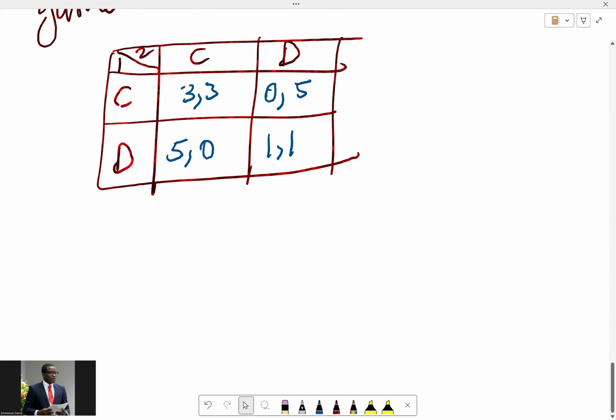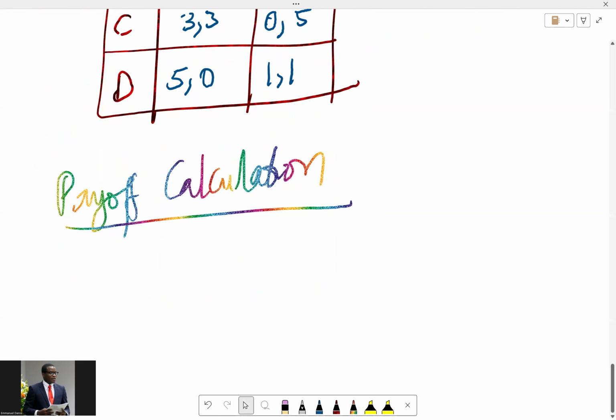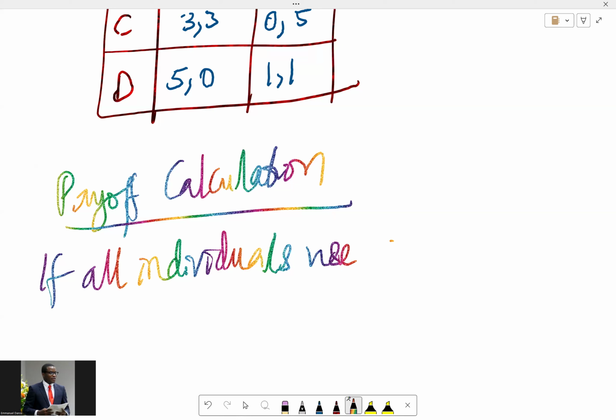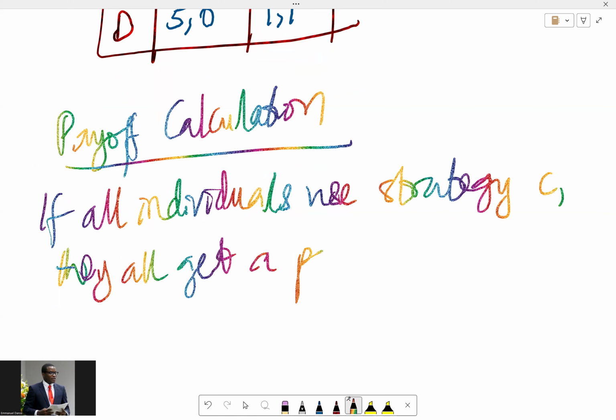Now, let's consider the payoff calculation. How does this pan out? If all individuals use strategy C, that is, they both cooperate, they all get a payoff of 3.